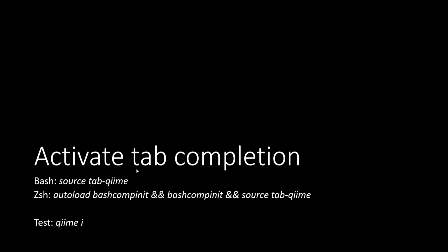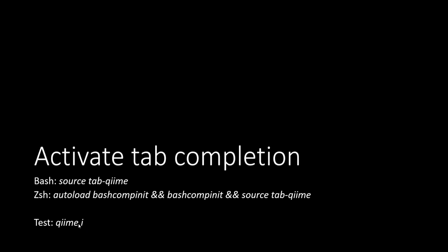Then we'll want to activate tab completion for everybody that's running these commands. It's a really handy way to make the execution go quicker. In bash, you're just going to put the command source tab-qiime. Then once this command is executed, just type in QIIME space i, and after the i, don't do anything, just press tab.